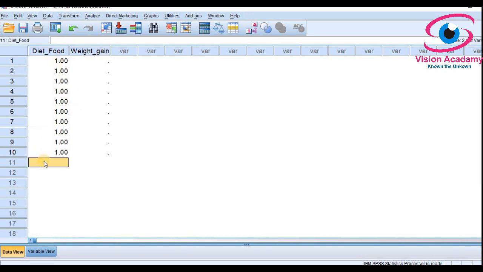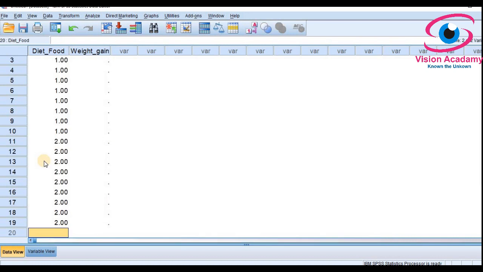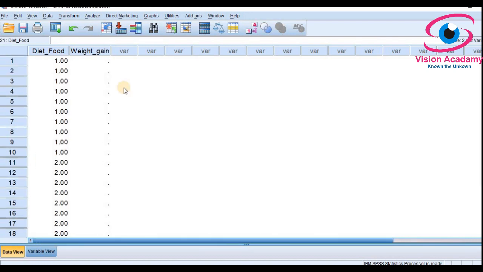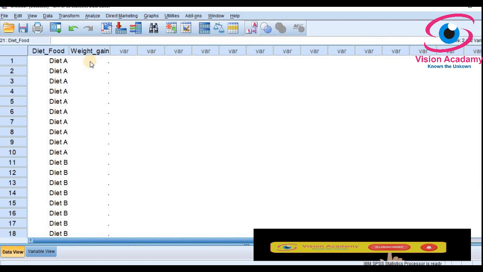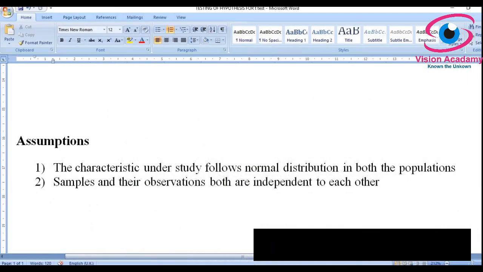And diet B is 10 entries: 1, 2, 3, 4, 5, 6, 7, 8, 9, 10. So we entered the types of diet foods, that is, 10 of diet A type food and 10 of diet B type food, and we have to enter the respective weights now.